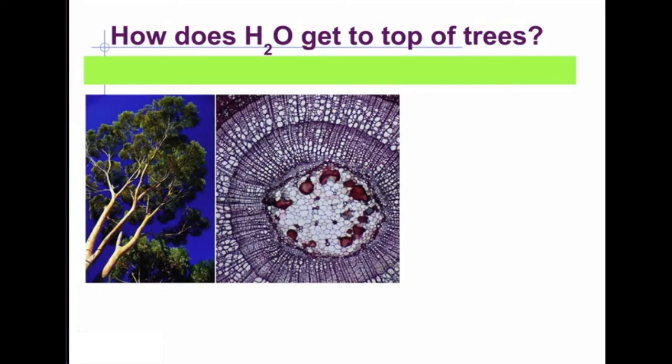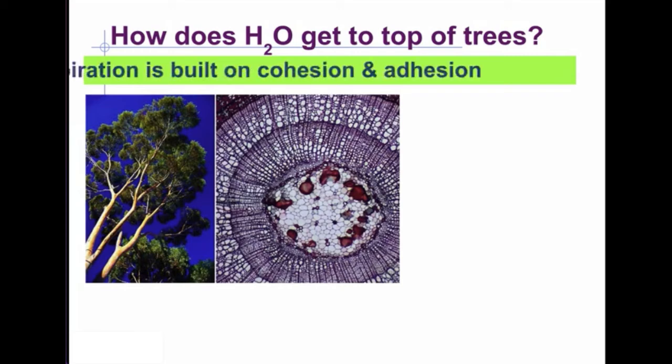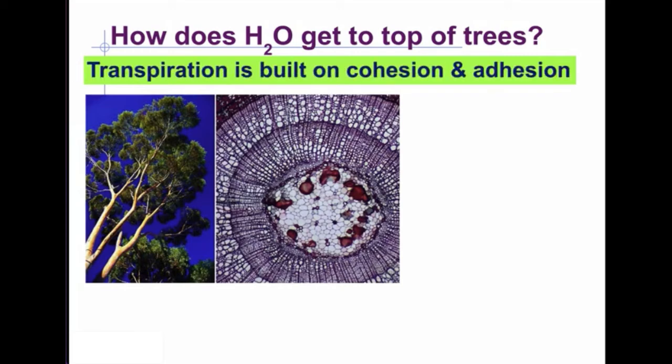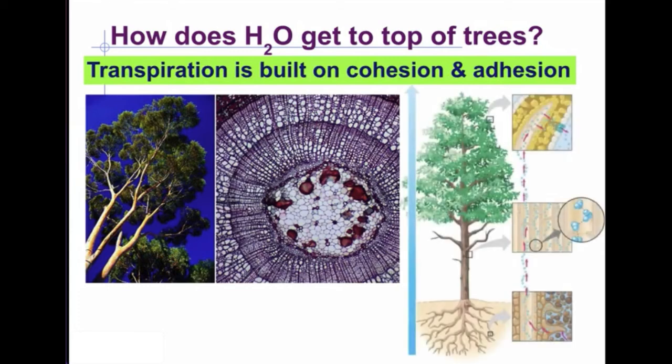So how does water get to the top of trees? Well, transpiration is built on cohesion and adhesion. As you can see, as water climbs up to different parts of the tree, that is contributed to by water's unique property of cohesion and adhesion.